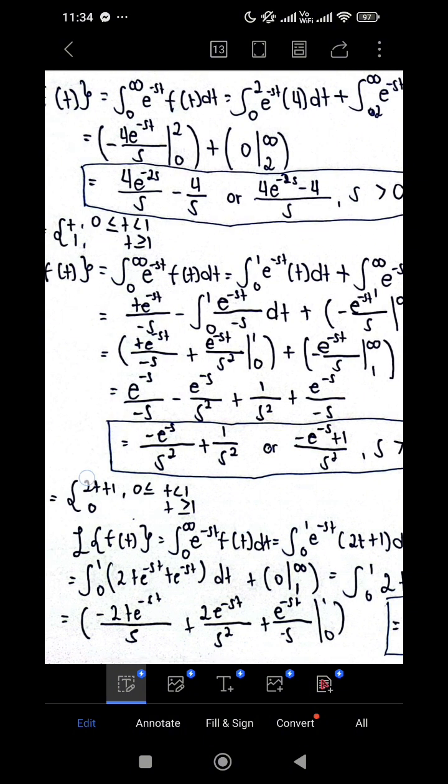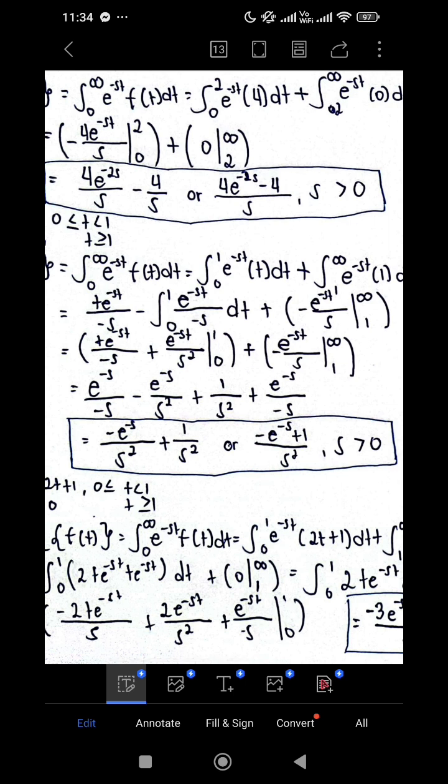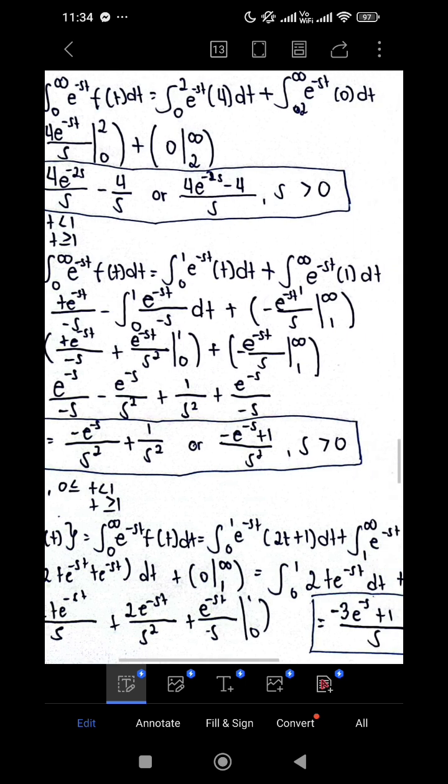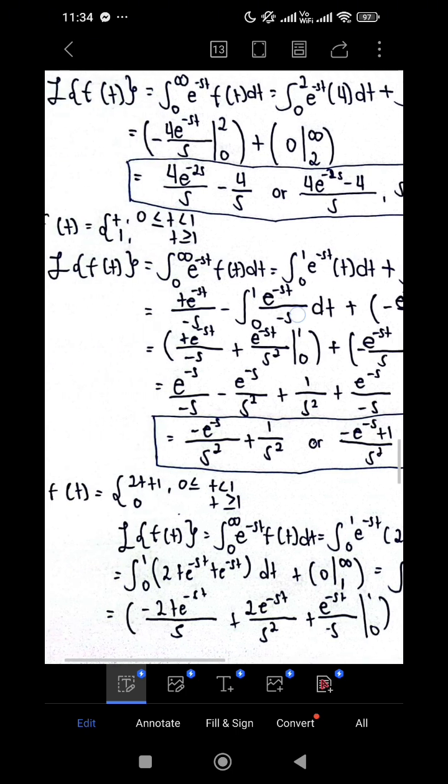The final answer is negative e raised to negative s over s squared plus 1 over s squared, or negative e raised to negative s plus 1 over s squared, where s is greater than 0.